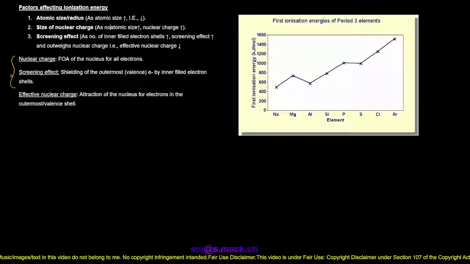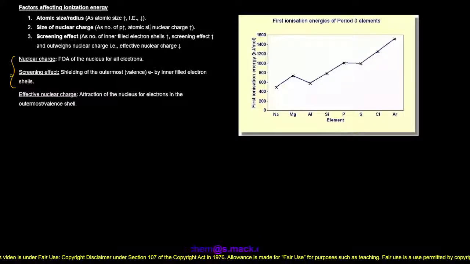Right, so the more protons we have in our nucleus, it should increase our nuclear charge, and hence atomic size should also increase if we have more protons in our atom.